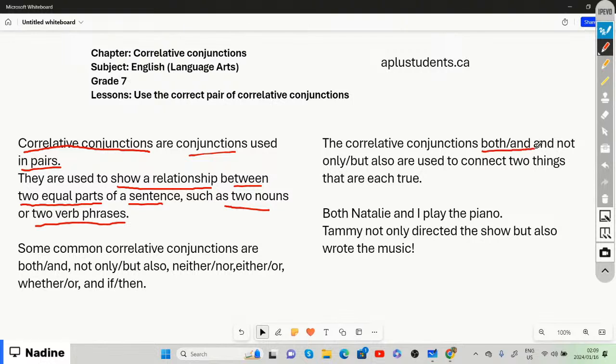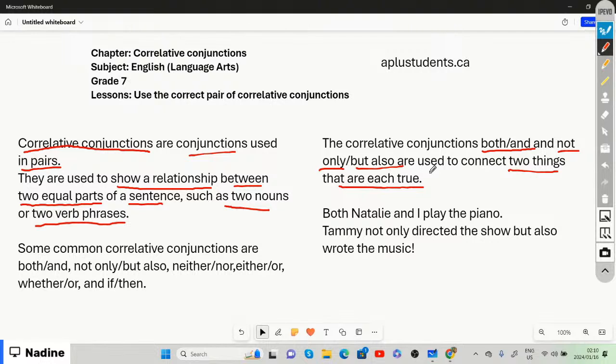The first correlative conjunction, both and, as well as the correlative not only but also, these words are used to connect two things that are each true.